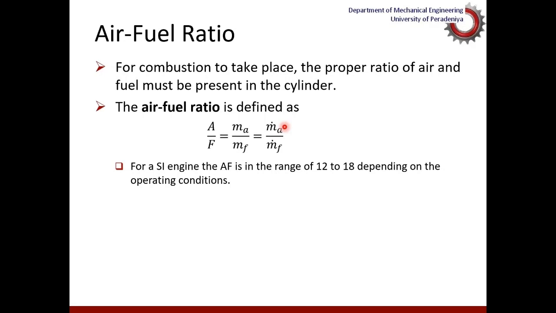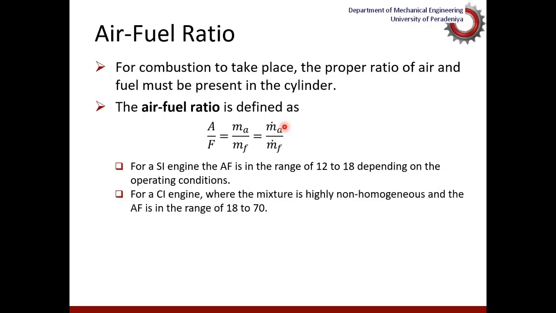At the same time, as far as emissions are concerned, unwanted gases going out of the tailpipe, it is always good to burn slightly lean mixtures. So there is a compromise. Depending upon the requirements, we can slightly change this air-fuel ratio dynamically, but not a lot, maybe in the range of 12 to 18, where the stoichiometric air-fuel ratio is around 14.7.